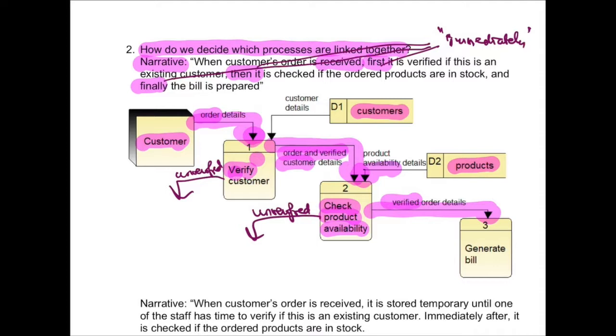Did it explicitly state immediately? It didn't. But this is an alternative way of saying it. It doesn't stop. The data didn't stop anywhere. That's the key. So there's a sequence of transformations. Instead of representing all of these transformations in one process, which would be overloaded, we separated them into 3 steps.